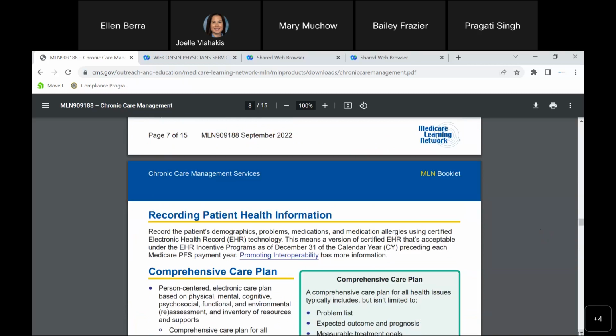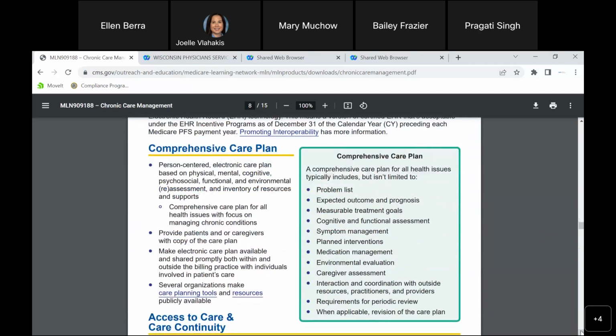Okay, you'll notice here when we're talking about the care plan, the things that have to be part of that certified electronic health record technology are the patient demographics, the problems, and medications and medication allergies.